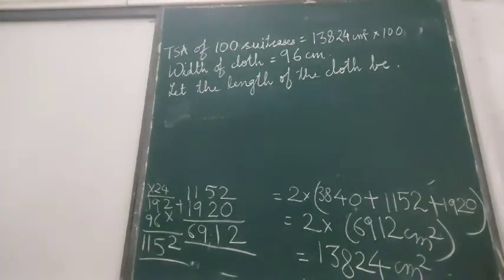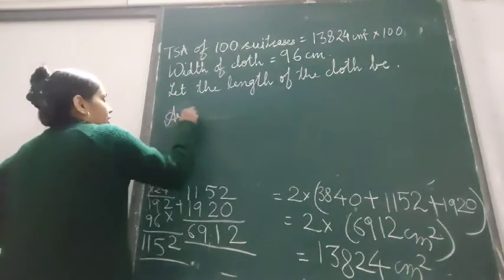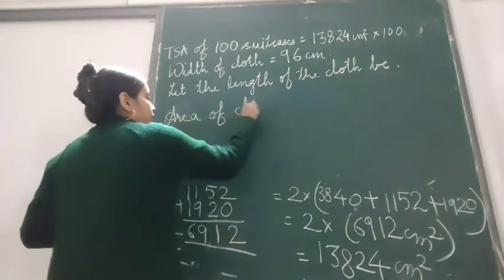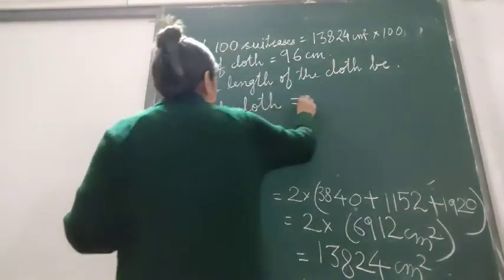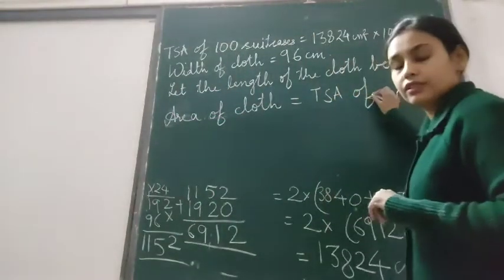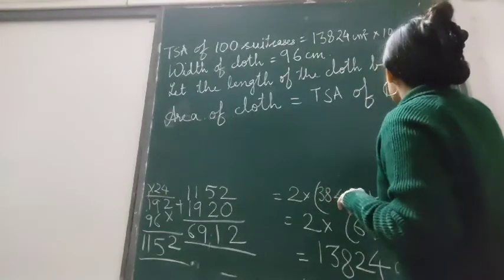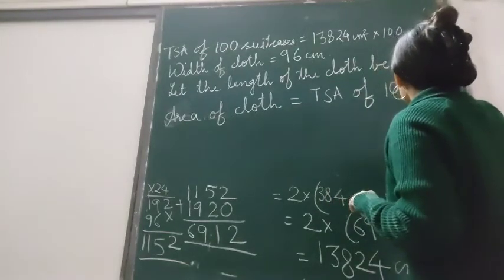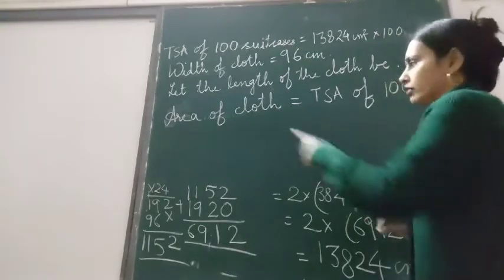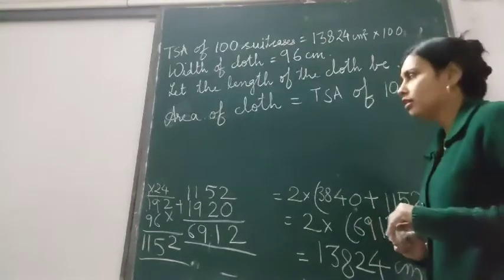How many meters of tarpaulin of width 96 centimeters? So area of cloth is equal to the total surface area of the 100 suitcases, which is actually the length of the cloth.